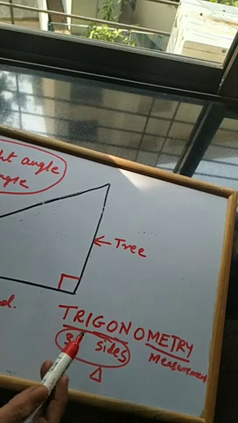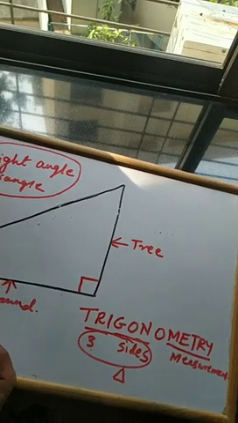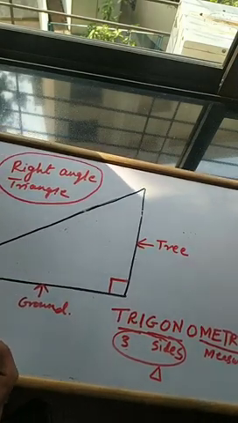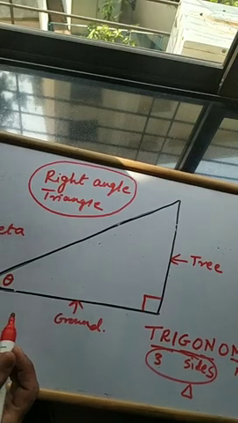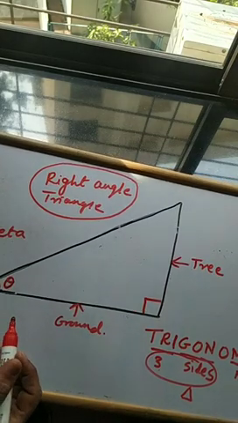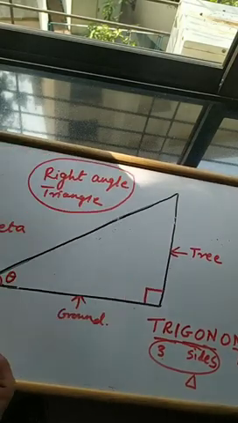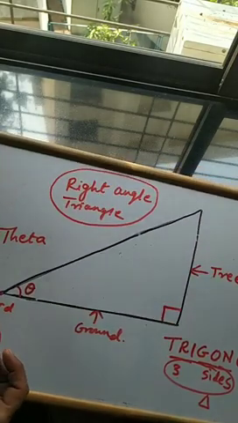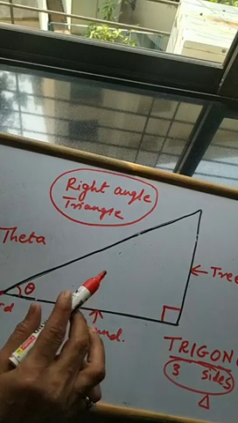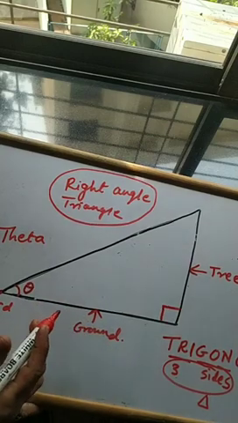This chapter is very interesting and very important also. Next year also you are going to use this knowledge of trigonometry. Remember, it is only about right angle triangles and no other type of triangles.